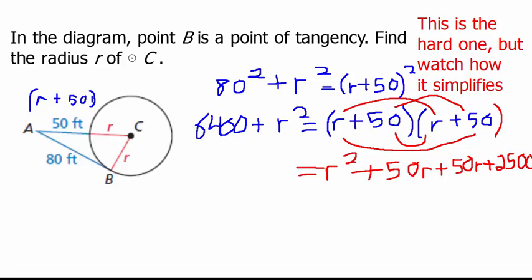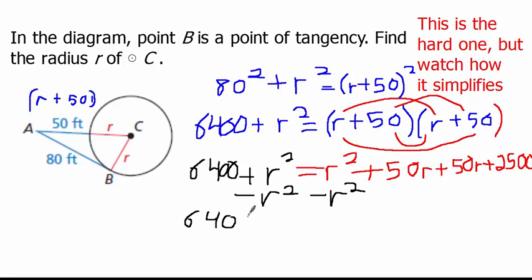So now, what do we do when we're trying to solve with an r squared? You guys don't have a lot of experience with this, but something really nice is going to happen. When we subtract r squared from one side to move it to the other, it is going to cancel on both sides. 6,400.